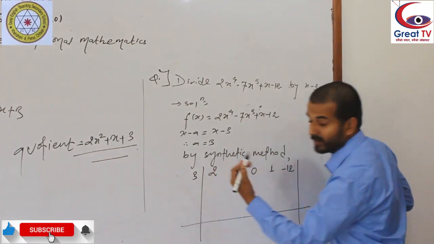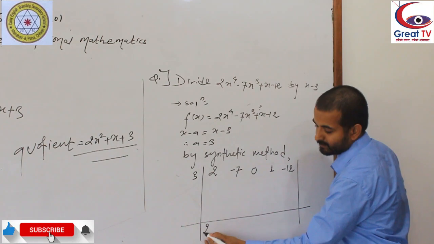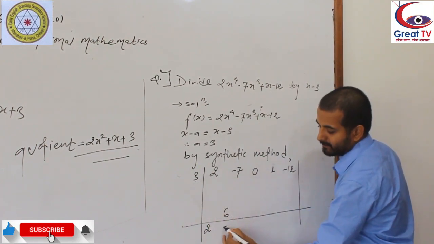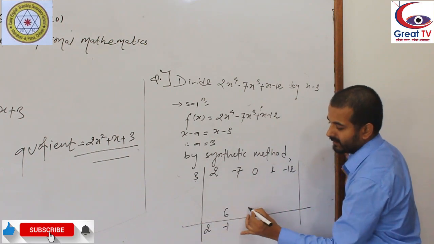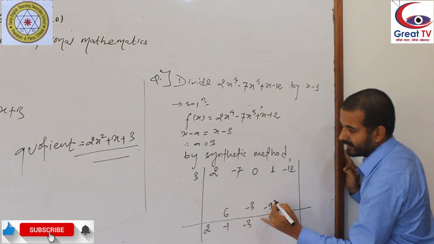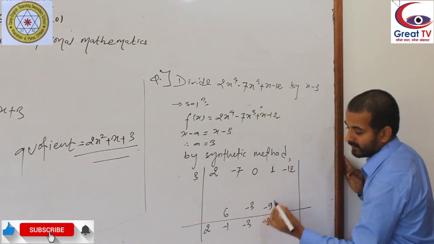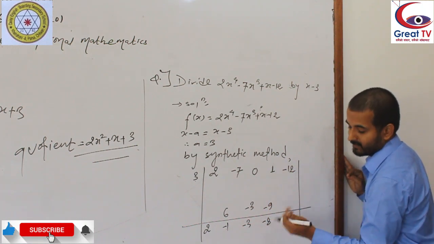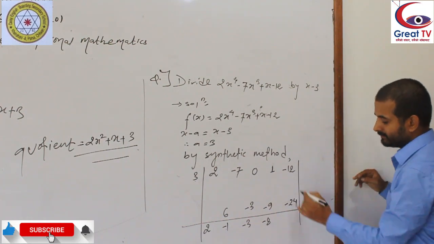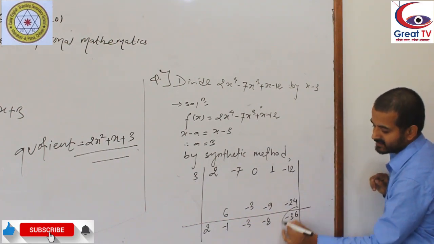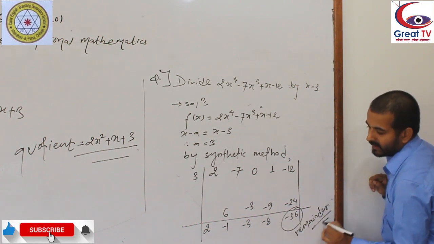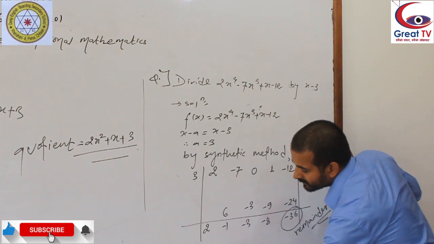It's always about adding; nothing to add, so write 2. Now multiply and add. Multiply and add. Multiply and add. Minus 1 times 3 is minus 3, and so on, until we reach 36, which is the remainder in this polynomial division, and this is the quotient.